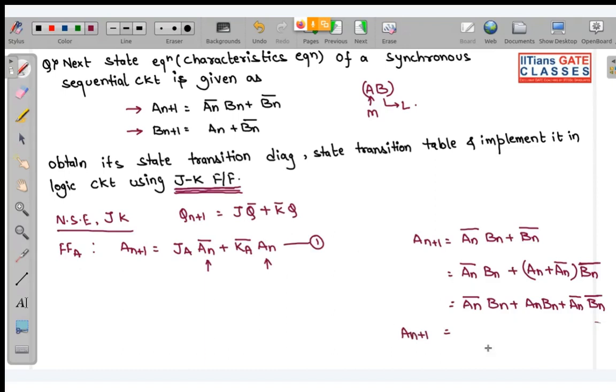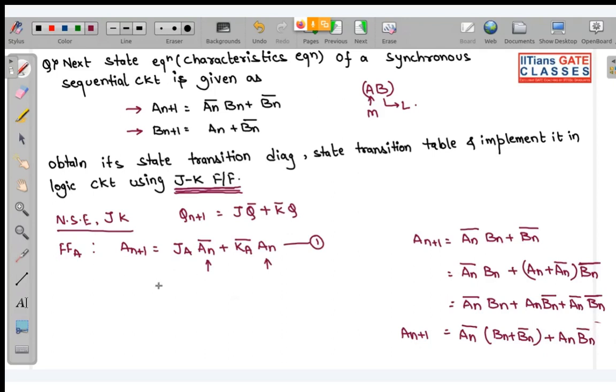So if we separate, An complement is Bn plus Bn complement, and over here this is Bn complement also, so plus An Bn complement.